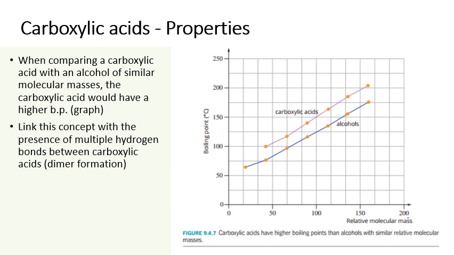And when comparing two molecules of similar size, one containing a carboxylic acid functional group and the other containing a hydroxyl functional group, the carboxylic acid functional group containing molecule is going to have a slightly higher boiling point. And the reason for that is to do with the dimer formation.